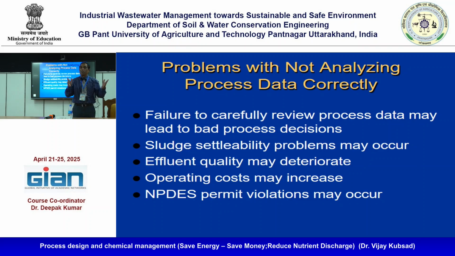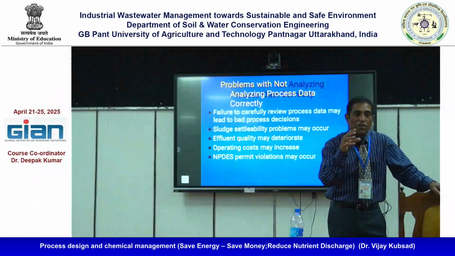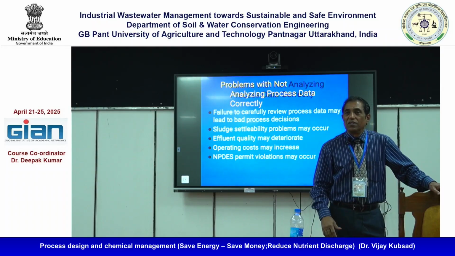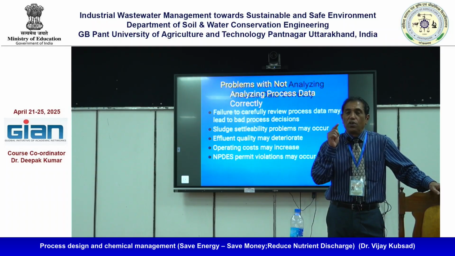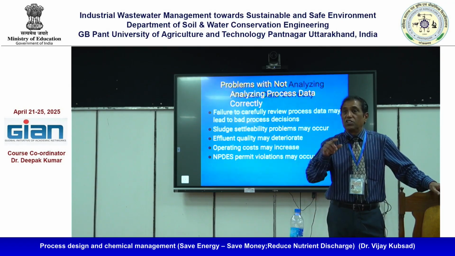Then you will understand, oh, we haven't thought about this at all, but it is entering the system. It may destroy the biological system, because the biological system is not immune to that kind of pollutant. So then you understand, we have to put a limit on this.